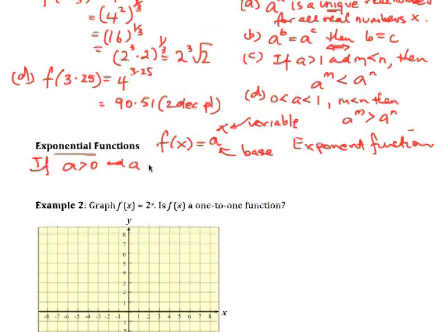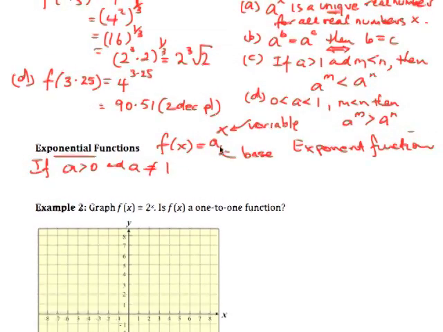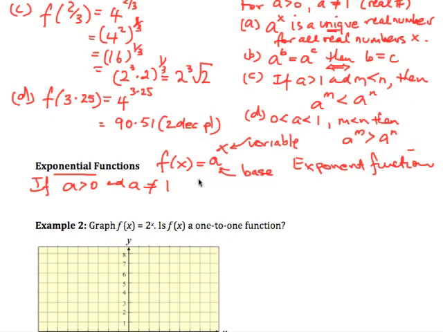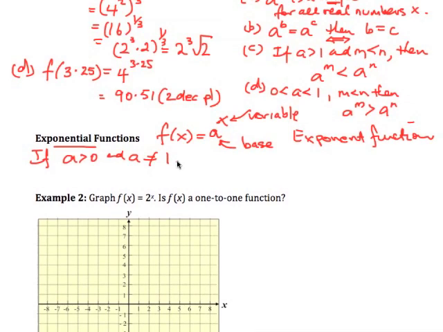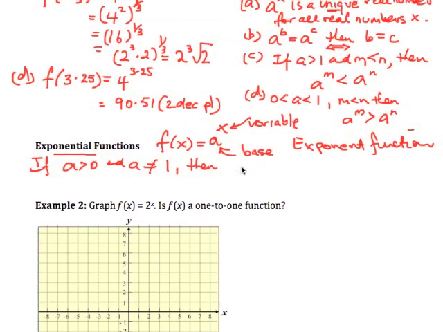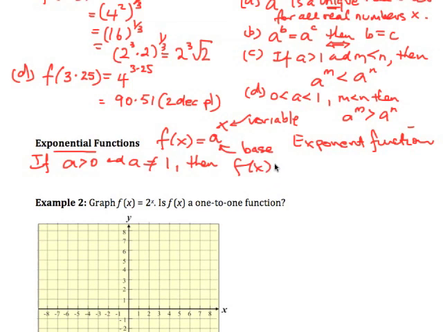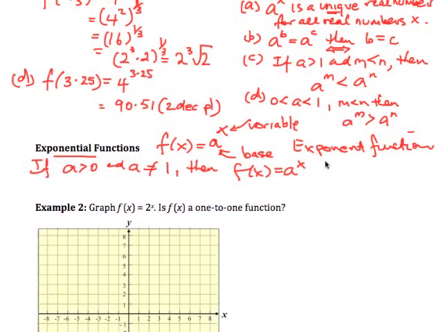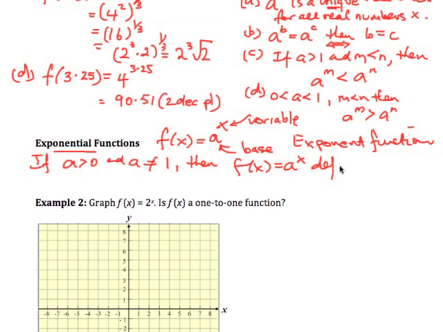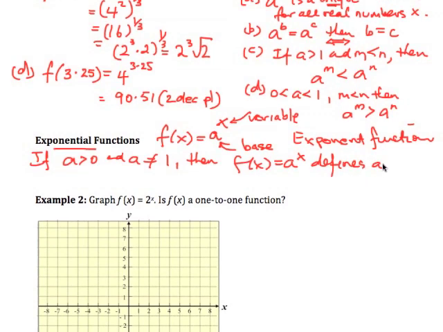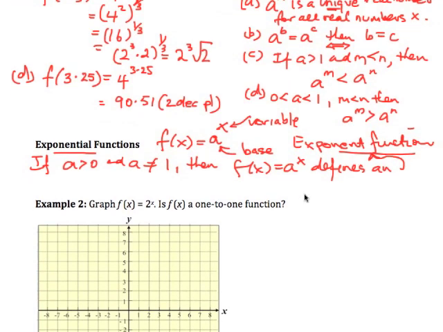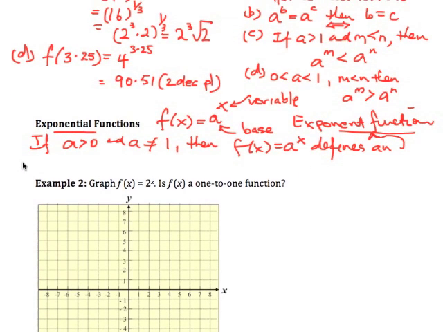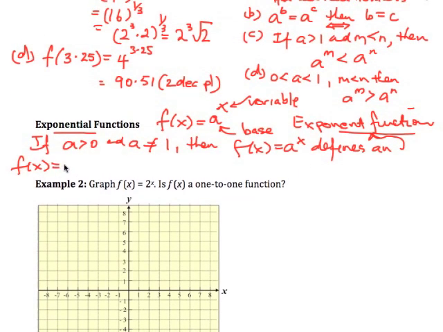And a is not equal to 1, because if I had a base of 1, everything to the power of 1 is 1, so it's a very boring relationship. And then f of x equals a to the x defines an exponential function.